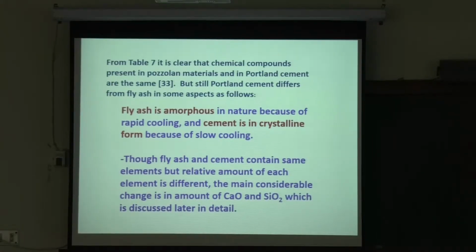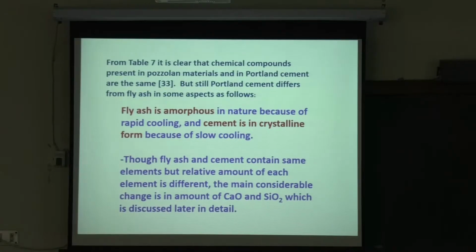That's why if you quench a polymer, or if you quench a metal, the crystallinity is decreasing. But it will always try to have crystals. If it gets some extra heat later on, it will start doing that. Okay? But fly ash is amorphous because it's from the high temperature furnace, and it just goes outside and gets cooled rapidly.